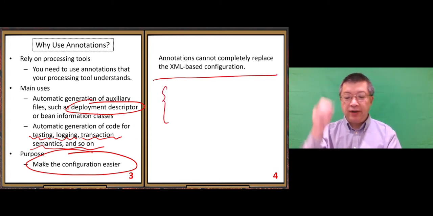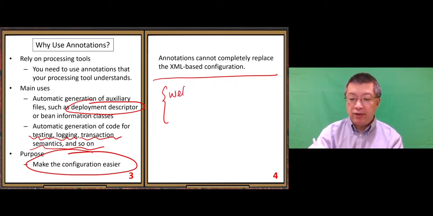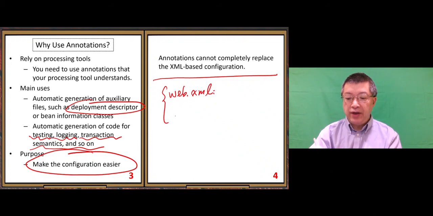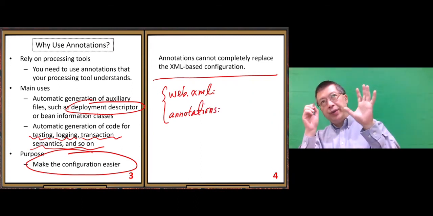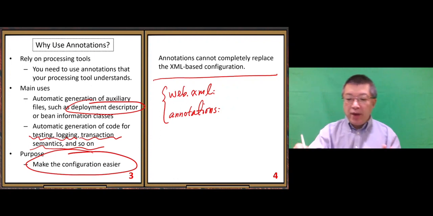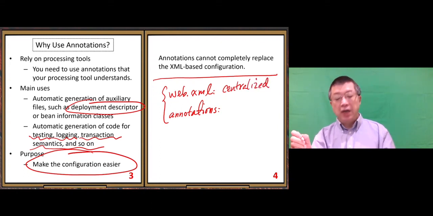So let's compare two things. One is web.xml configuration, the traditional configuration. Another is the annotation way of configuration. Here you can see the web.xml way uses a centralized way to do configuration.